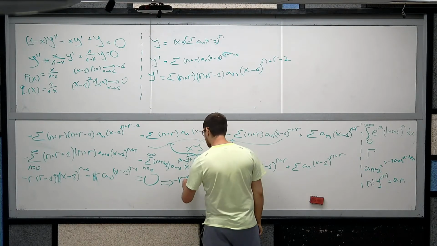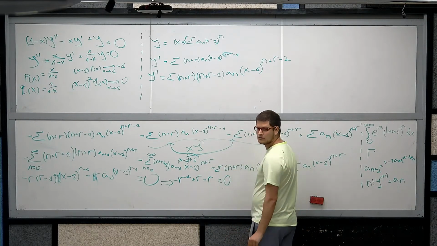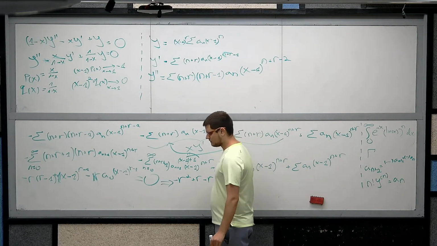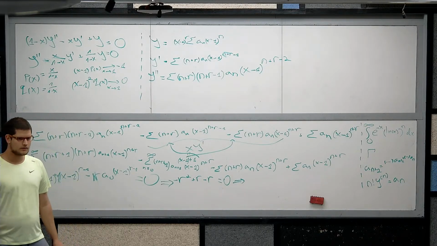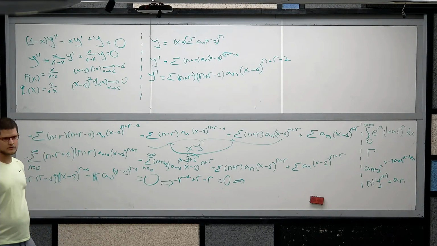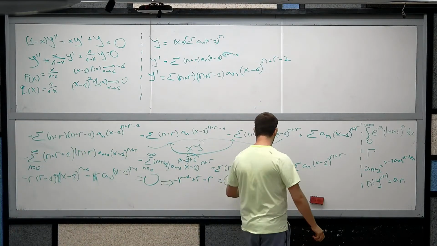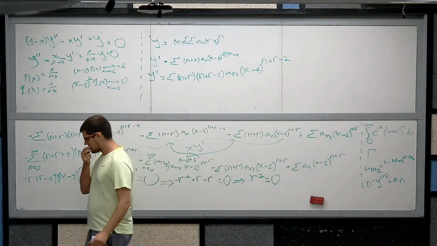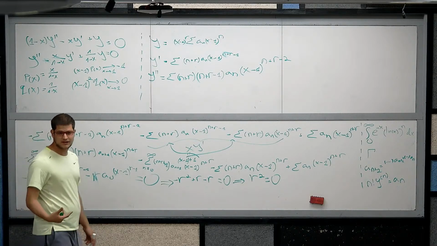Minus r squared plus r minus r equal to 0. And then you find actually an edge case of Frobenius. It's actually looking like a Taylor expansion, right? Because from that we get r equal to 0. But actually you have an explosive term from the ln.